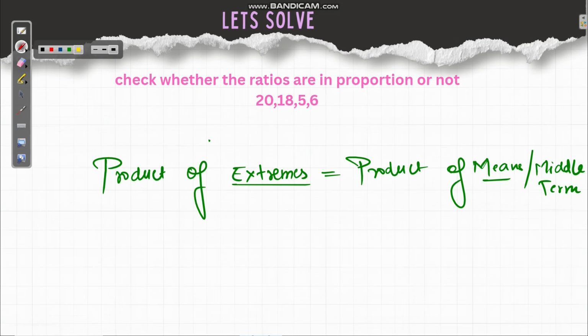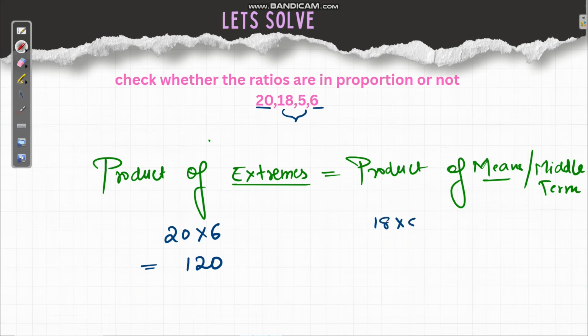Okay, so now let's apply this formula. If you get the same answer, like product of extremes is equal to product of means, then they are in proportion. So let's take first the product of extremes. Extremes are 20 and 6. So 20 into 6 is 120. Product of means is 18 into 5. What is 18 fives?